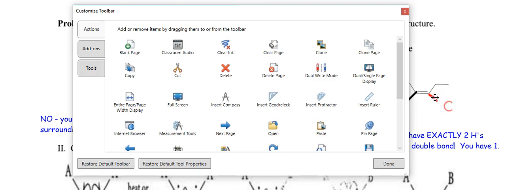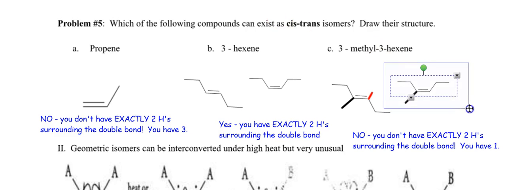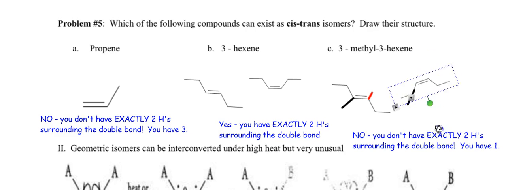Let me erase this. And I want to show you something else. What if I were to, let's see if I can do this. Well, this isn't working how I wanted it to. Let me rotate this one. No, this isn't working.